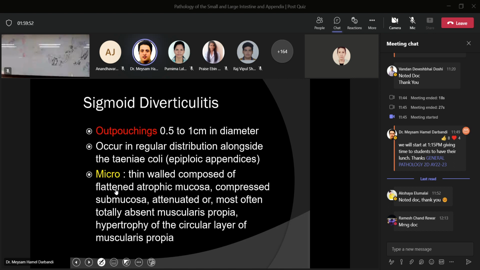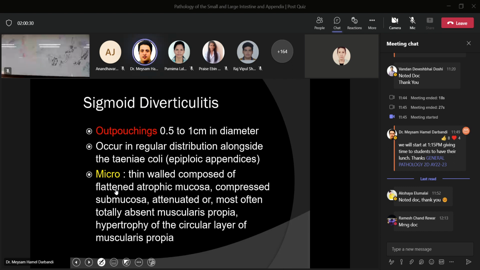So let me go to sigmoid diverticulitis. The outpatchings, 0.5 to 1 centimeter in diameter, occur in regular distribution alongside the taenia coli. Macroscopically, you will see a thin vault composed of flattened atrophic mucosa, compressed submucosa, and an attenuated or most often totally absent muscularis propria.